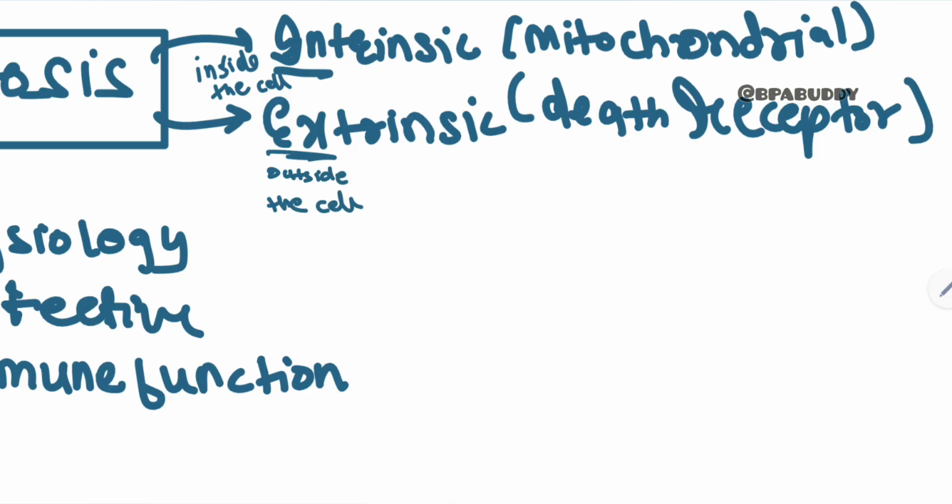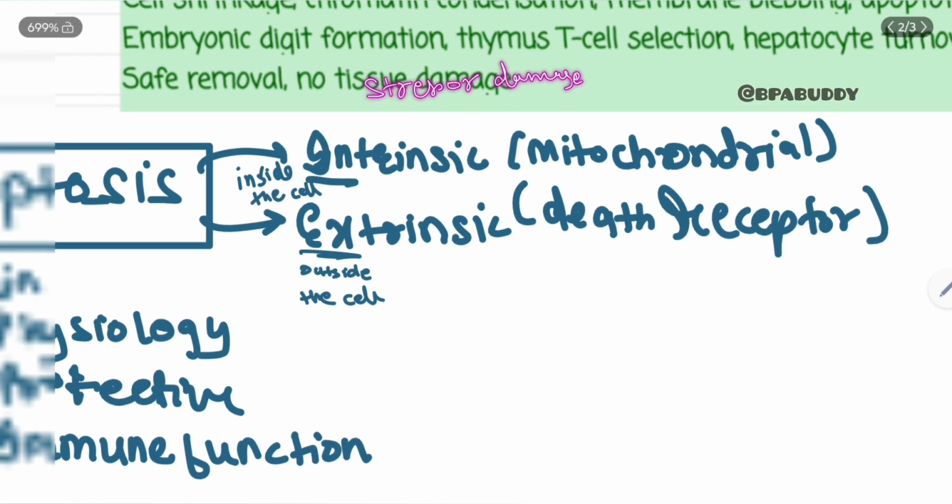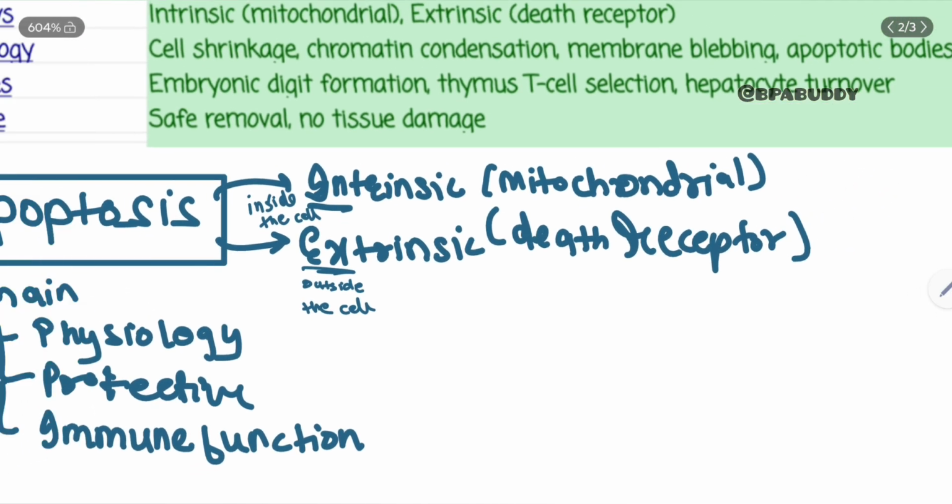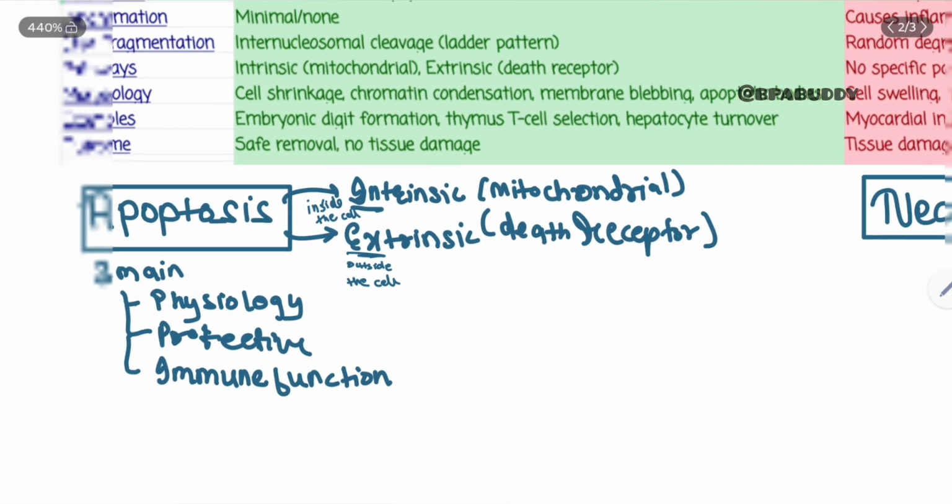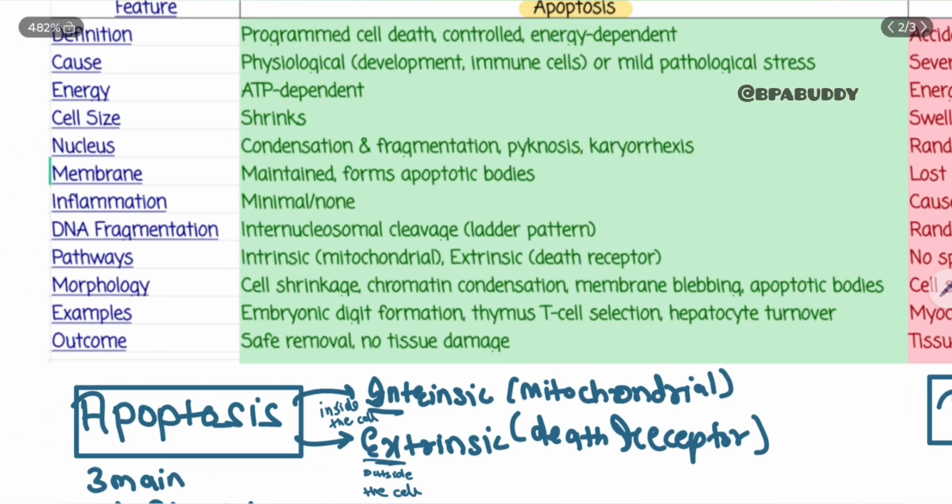Extrinsic receives a signal from other cells, whereas intrinsic pathways happen due to stress or damage. Both pathways activate using special enzymes called caspases, and morphological changes are also very important.